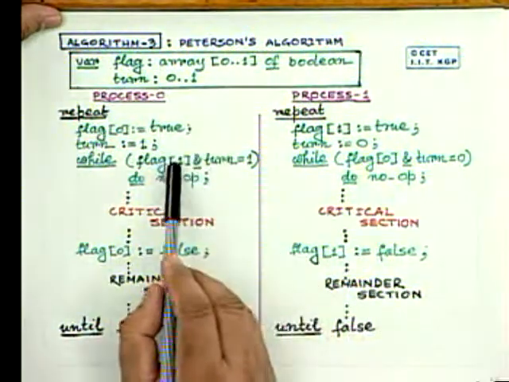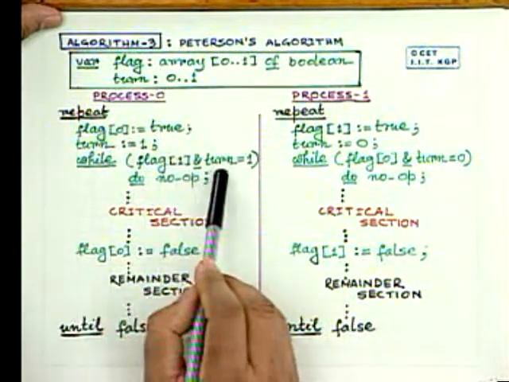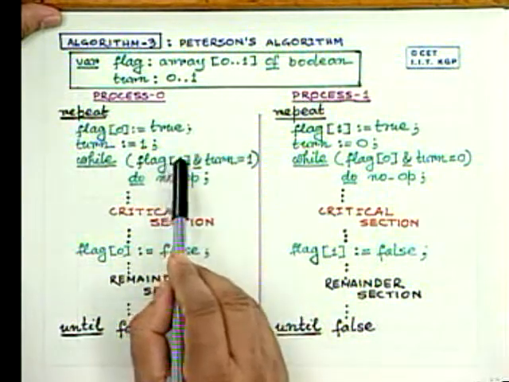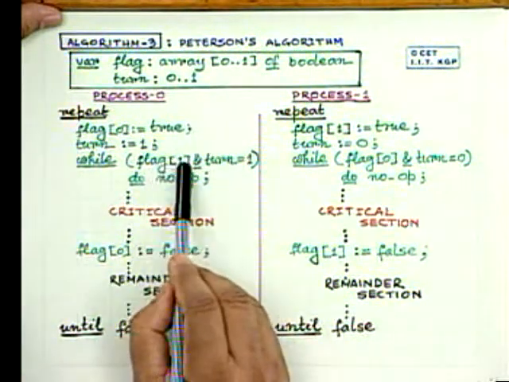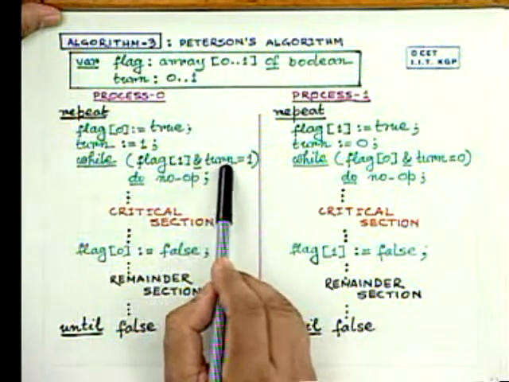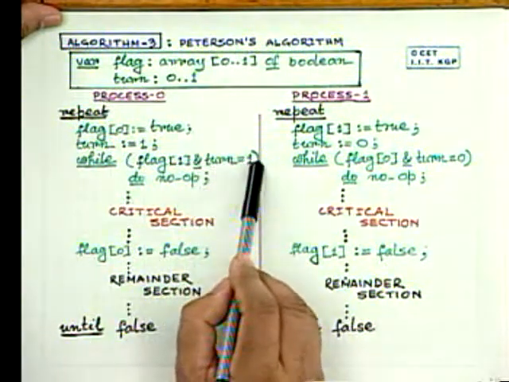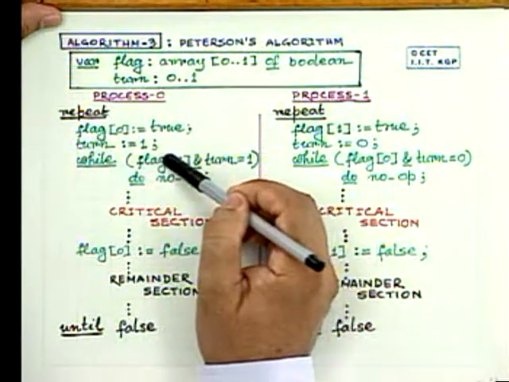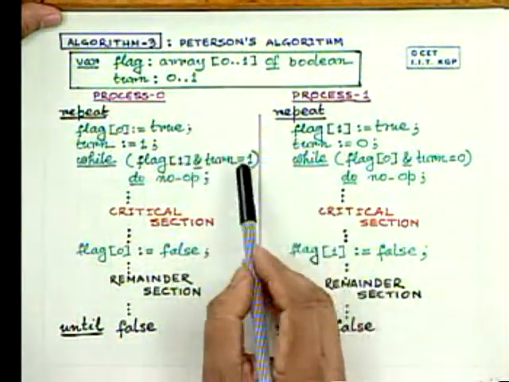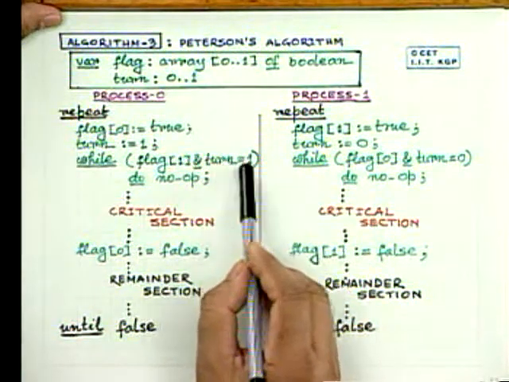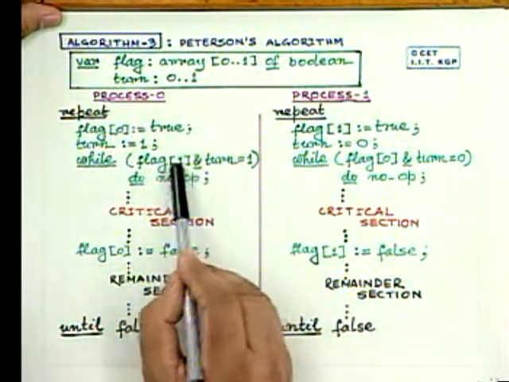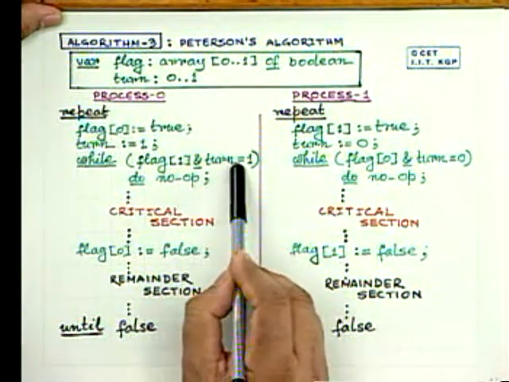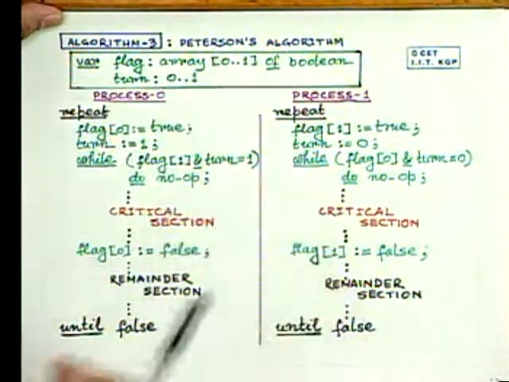If either flag 1 is false or turn is equal to 0, in either situation, or in both situations, that is flag 1 false or turn equal to 0, or both of them happening simultaneously, then it enters the critical section.